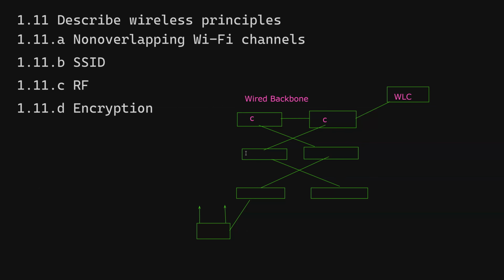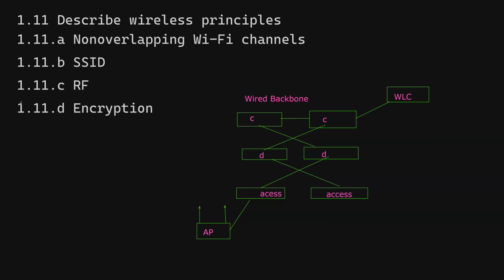This is distribution. And this is suppose an access switch. And then you have an access point. Now with this access point, obviously you have a wireless network.